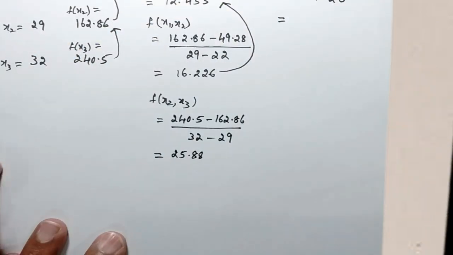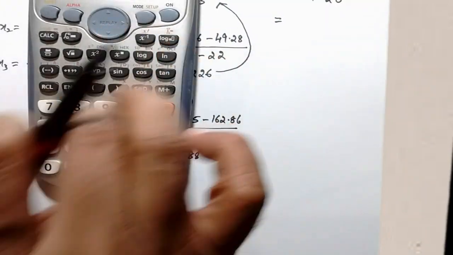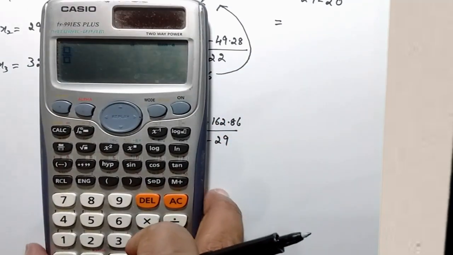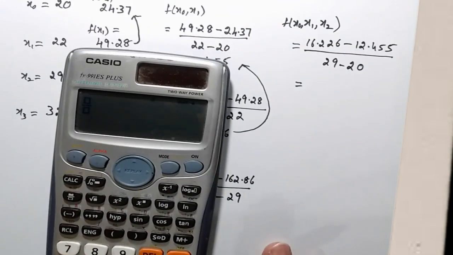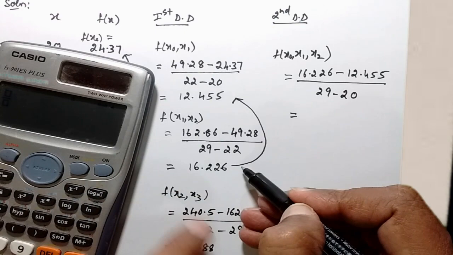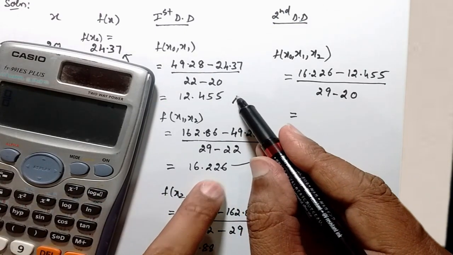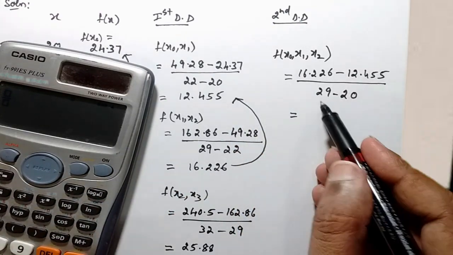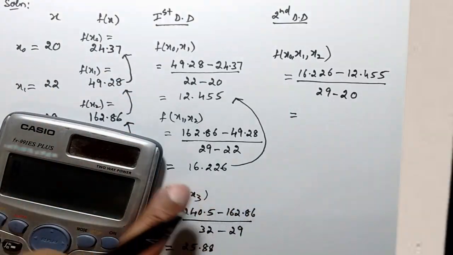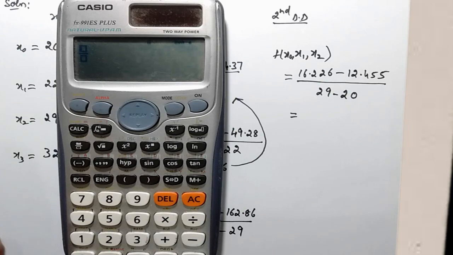So you can just use the calculator here. So what is the value you're getting? We just use this, the difference of these two, 16.226 minus 12.455 divided by x2 minus x0. x2 value is 29 minus 20. So you just type it.